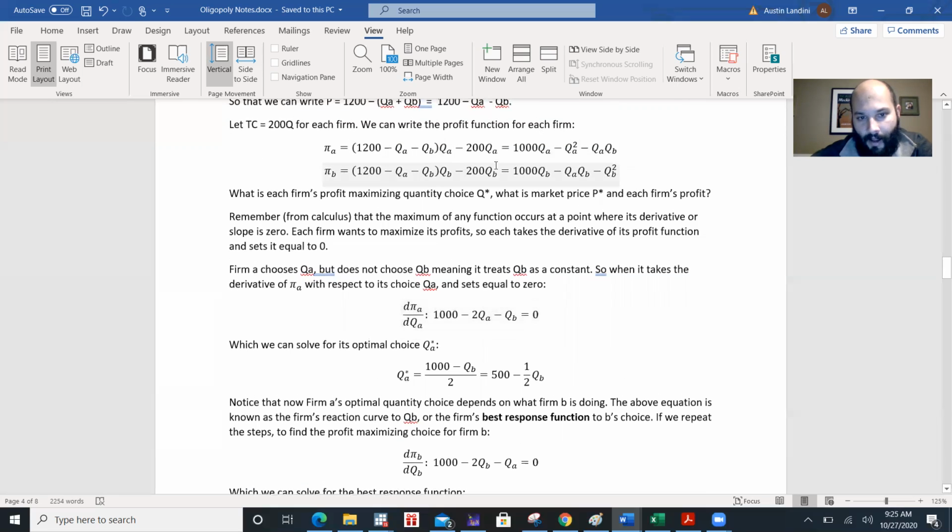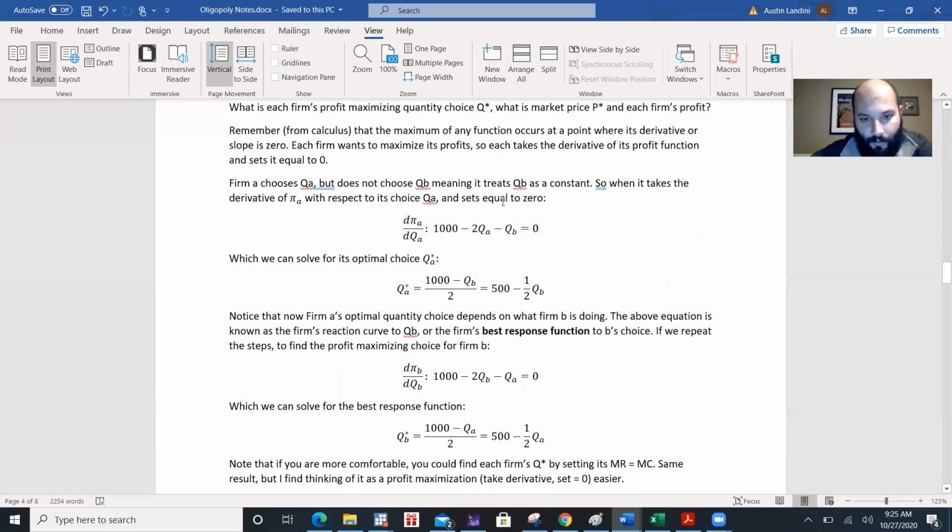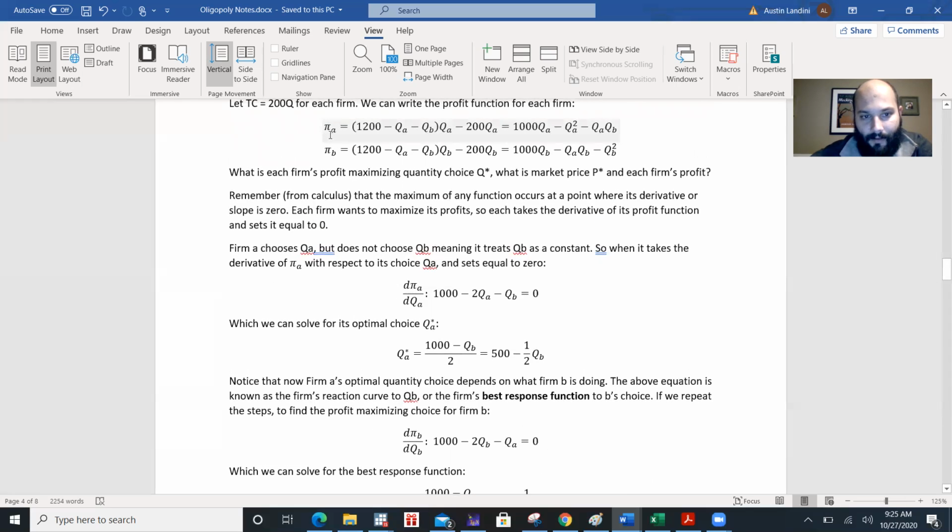One more time, taking the derivative of the profit function of A with respect to quantity A to find the optimal quantity A choice: 1000 minus 2QA minus QB. We set that equal to 0 and we're trying to find QA.